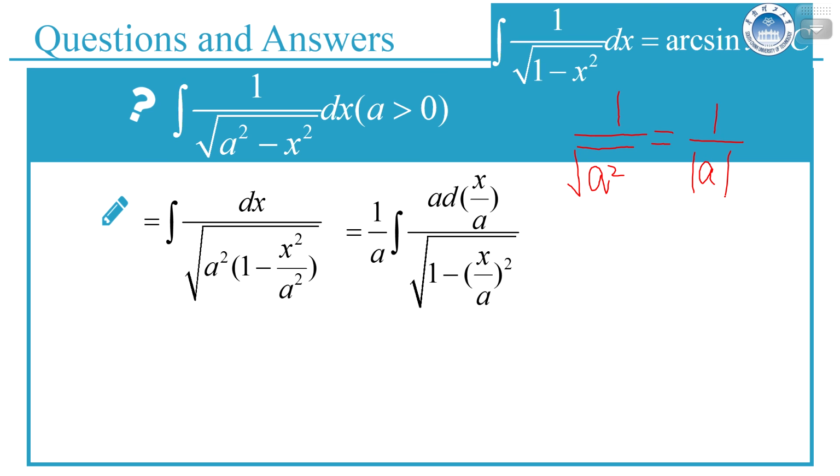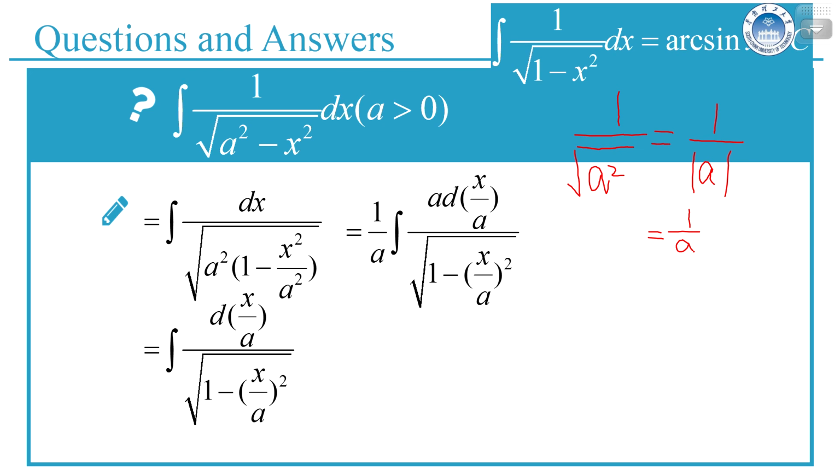A is a given condition. A is a positive number, so it equals 1 over a. So the term means 1 over a dx, with u as our x over a, so du is dx over a. Pay attention to a over a. They cancel together and become 1.